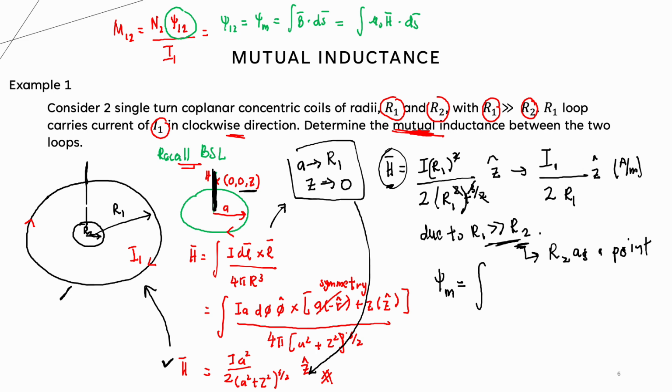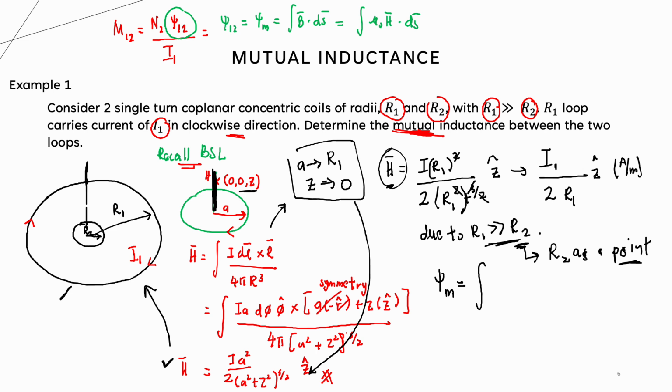That's why we assume it to be a point. What makes our assumption valid is that R1 is much larger than R2. If R1 and R2 were almost the same radius, you could not assume R2 as a point, so there would be an effect on the H field, right?